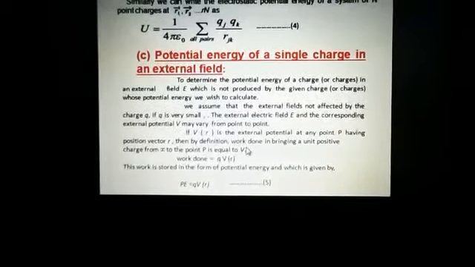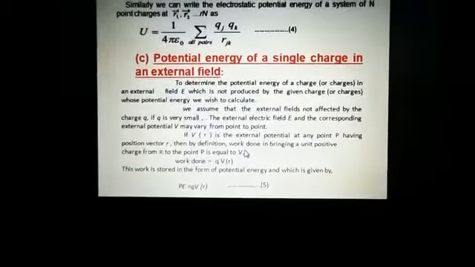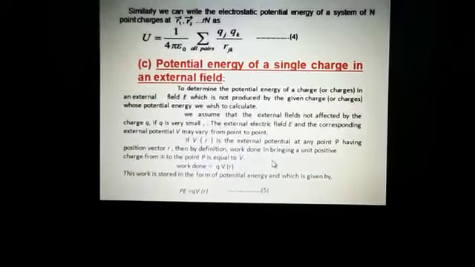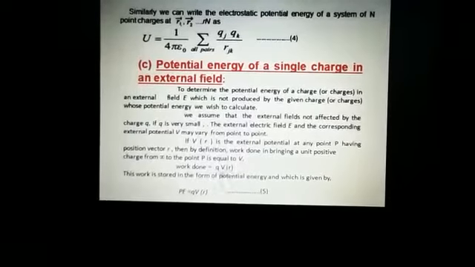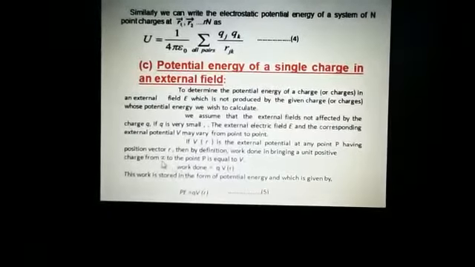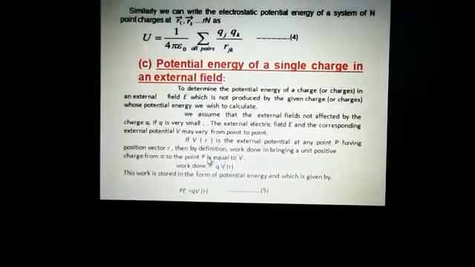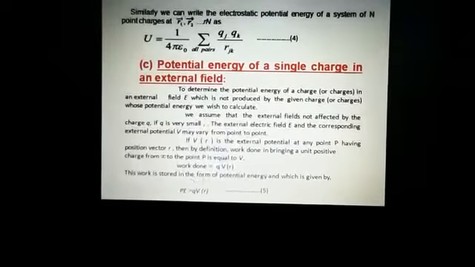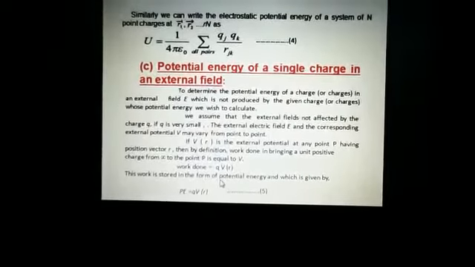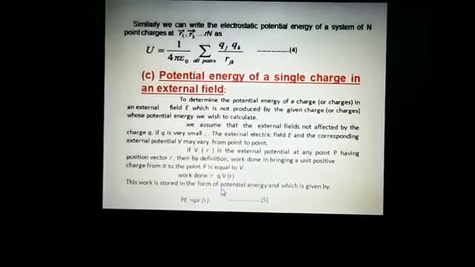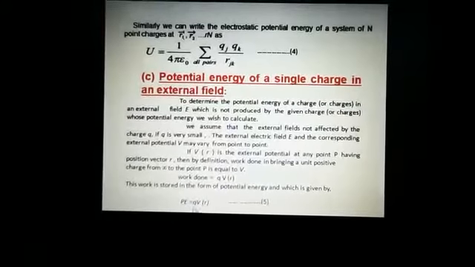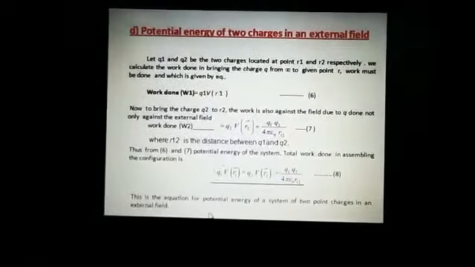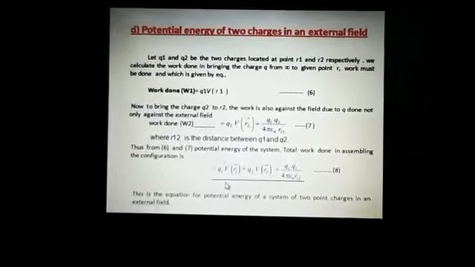By definition, we have to perform a certain amount of work, and the work done to bring that charge from infinity to the position P will be W equal to Q into V(R). This work done is stored in the form of potential energy, which is given by PE equal to Q into V(R).